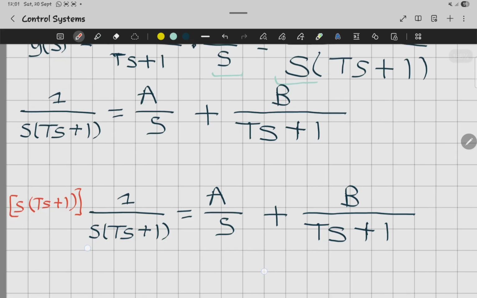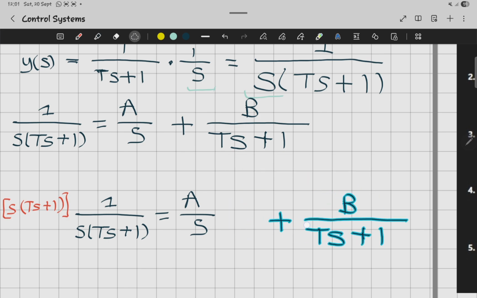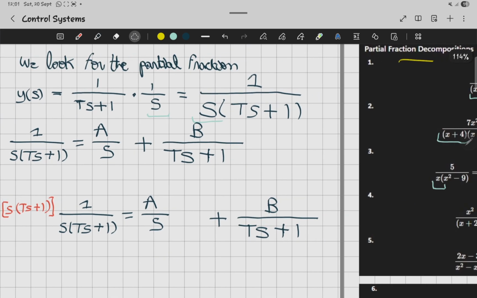Okay, so this is what you're gonna see, and we're going to multiply this side too. It's gonna be s. So let me just save time by copying what I need to multiply with. So we're going to multiply both sides by this.